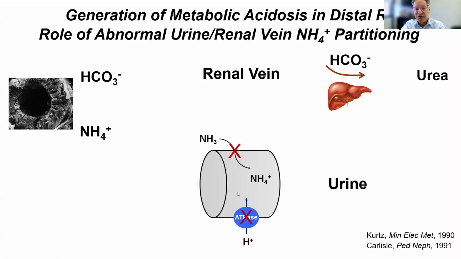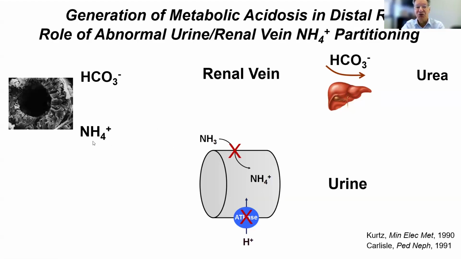Remember, it's a passive process, and the proton secretion is important because when protons are secreted, you're lowering the NH3 concentration in the lumen of the collecting duct, keeping that driving force for ammonia to continually enter. And when you can't acidify the urine for whatever reason, whether it's a B1 subunit mutation or AE1 mutation, whatever the reason, you don't lower the urine NH3 concentration enough in the collecting duct outside the intercalated cell to create that driving force for NH3 to keep entering.